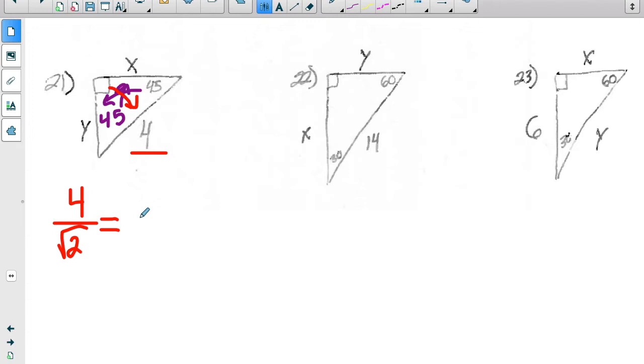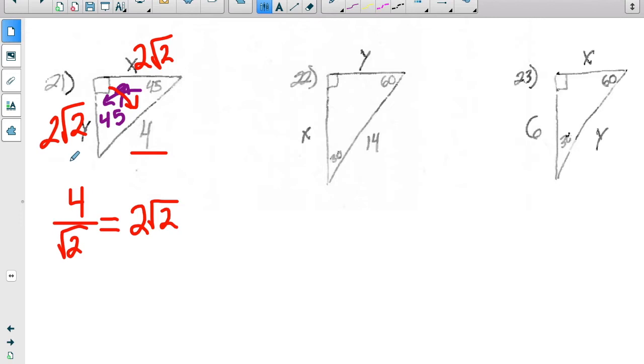If you plug 4 over square root of 2 in the calculator, it will give you 2 square root of 2. So the values of x and y for this problem are both 2 square root of 2. That would give us our two answers for x and y. And that's all we have to do for this problem and any problem like it.